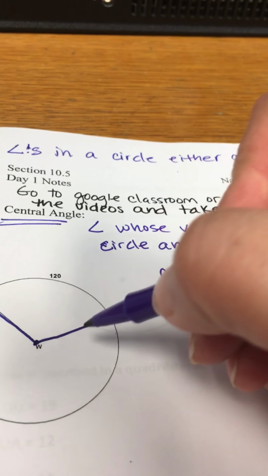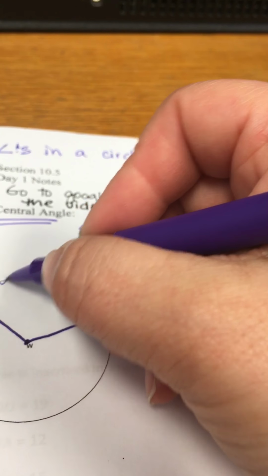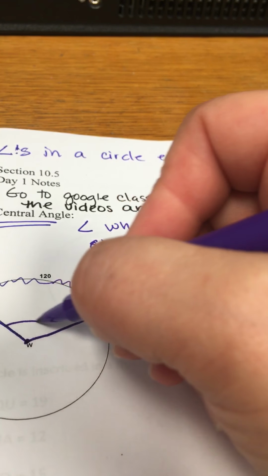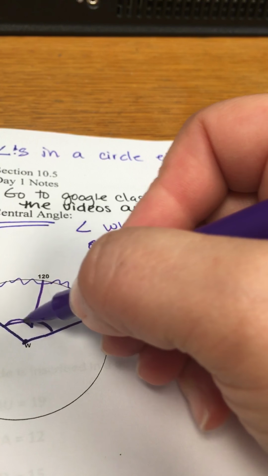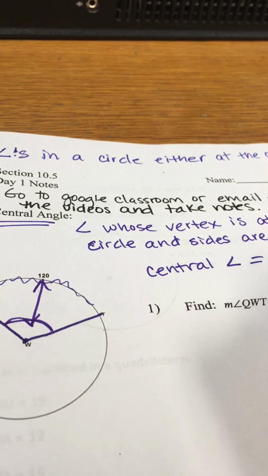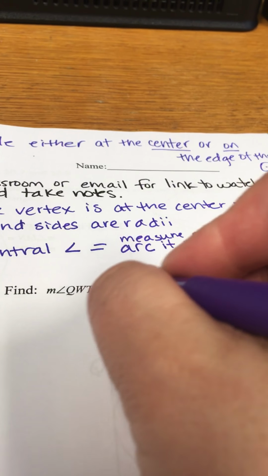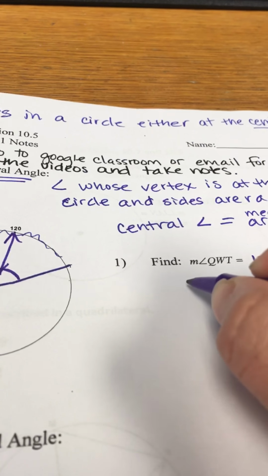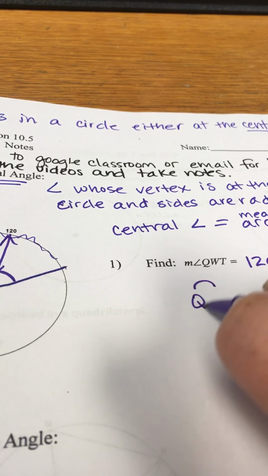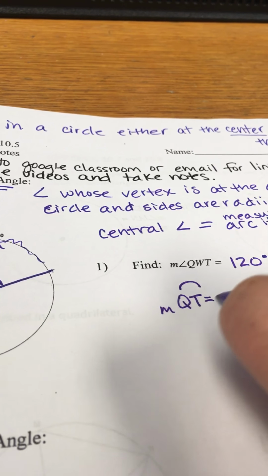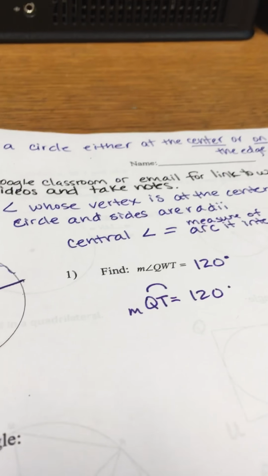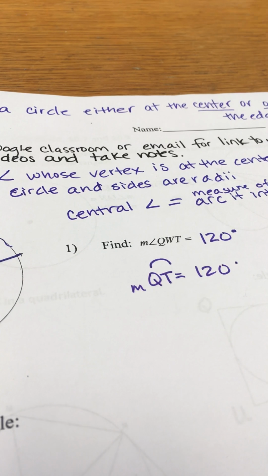If you have the arc it's facing, the angle and the arc have the same value. So QWT here is also 120, and from Q to T, the short way, the measure of arc QT is 120. So the arcs and the angles are the same.